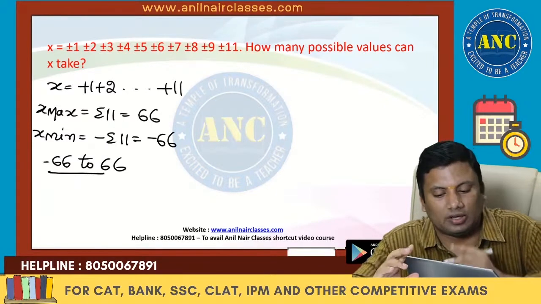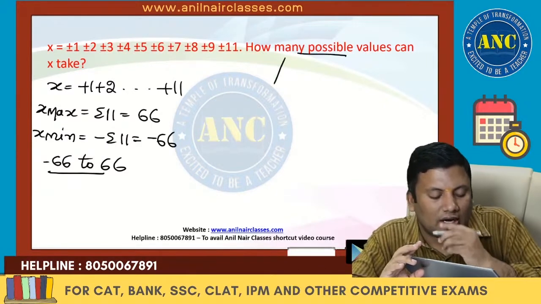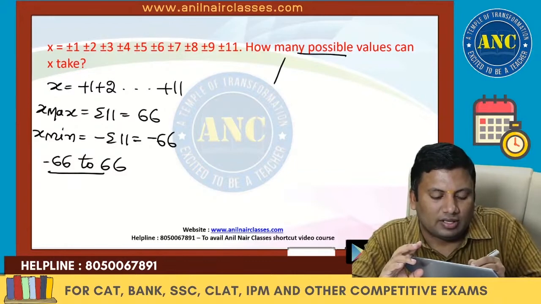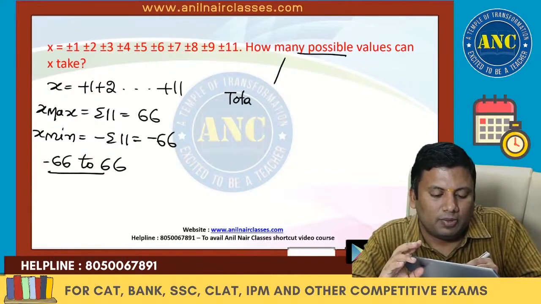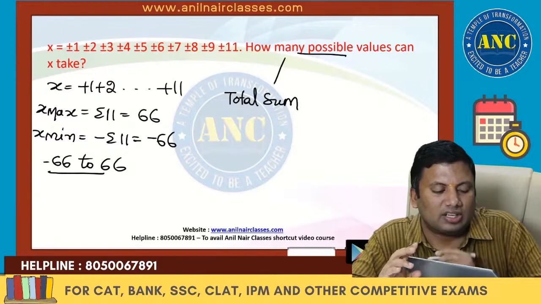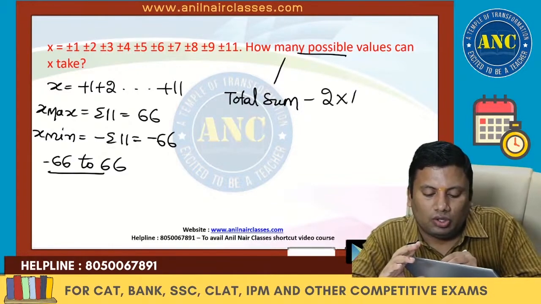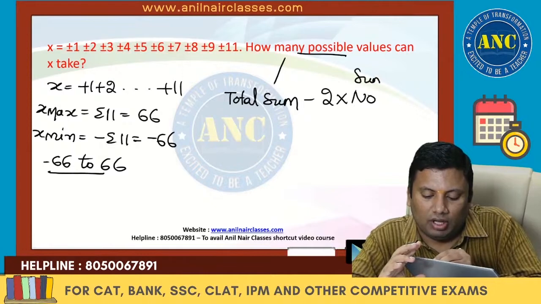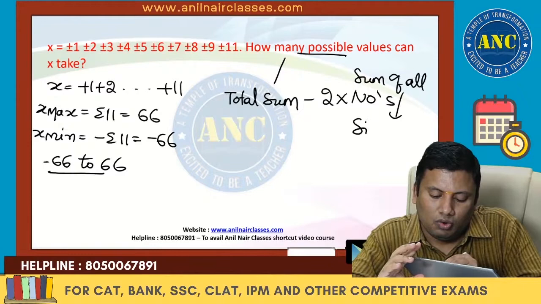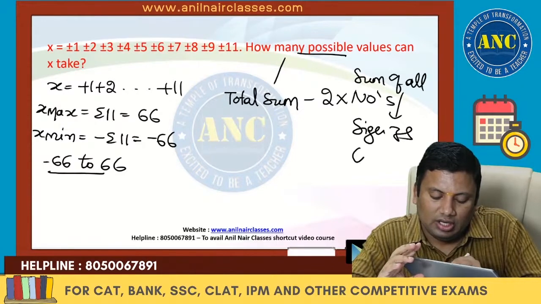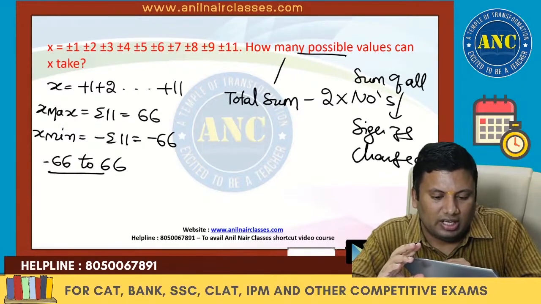So what will be the total possible values? Total sum, best case, minus 2 into the sum of all the numbers whose sign is changed.